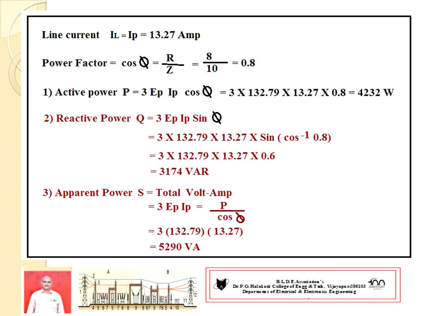Next, reactive power Q equals 3 times EP IP sin phi. You know cos phi is 0.8, so find the phase angle: phi equals cos inverse of 0.8, around 36.86 degrees. Then sin of 36.86 is 0.6.